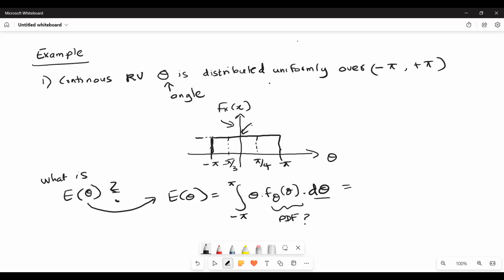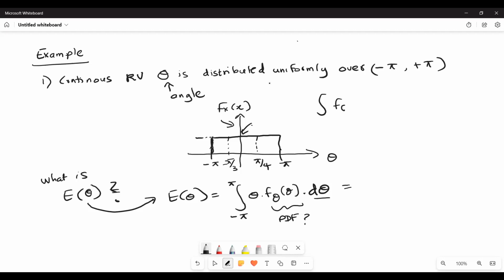I can find that area by taking the multiplication between the theta range and the height of this function, either using integration or just by mathematics.